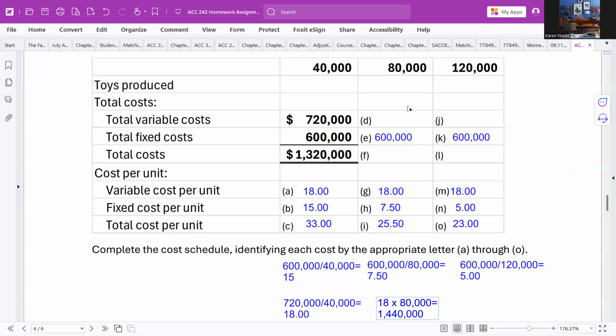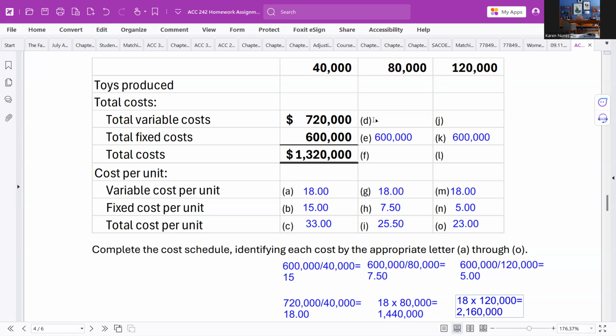So when we produce exactly 80,000 units, the variable costs are $18 a unit. 18 times 80,000 is 1,440,000. And when we produce 120,000 units, the variable costs are still $18 a unit, but now it's times 120,000 units, which means the total variable cost goes to 2,160,000.